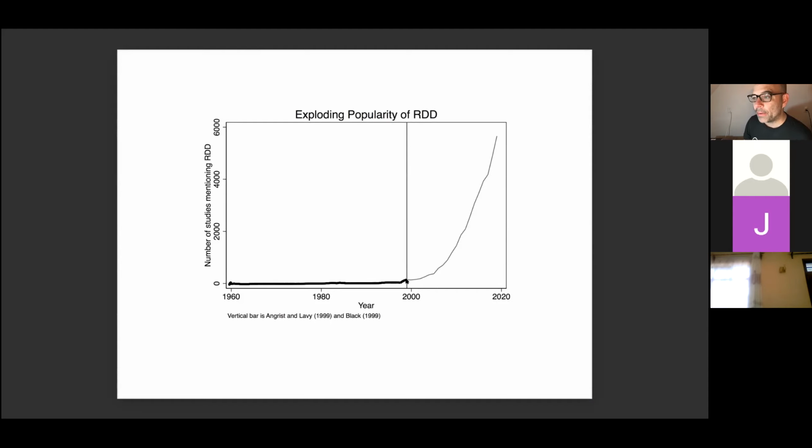That year, there's a few papers using it. It stays plateaued. And then starting in the early 2000s, it rises at an increasing rate, and it's just continued to rise. So it's become a very popular design in all of economics and really all of the social sciences.